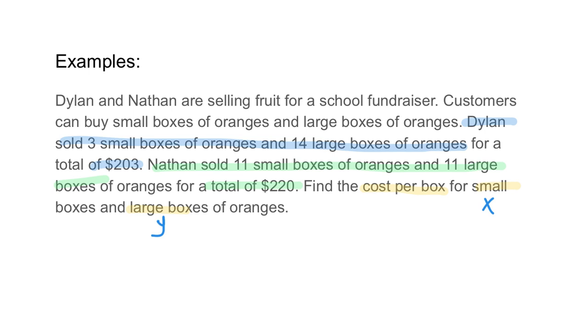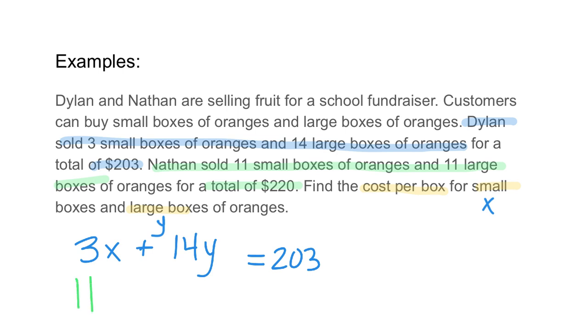So Dylan's total was $203, and in that $203, he sold 3 small boxes, and small boxes are x, plus 14 large boxes are y. That's going to give me a total of 203. And then for Nathan, I can do the same thing.